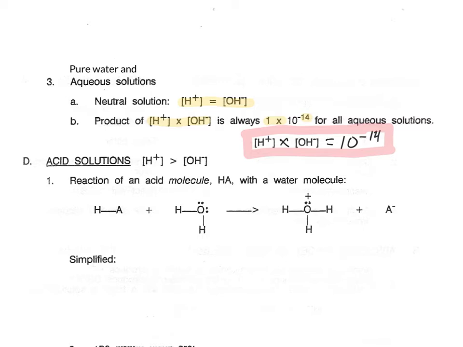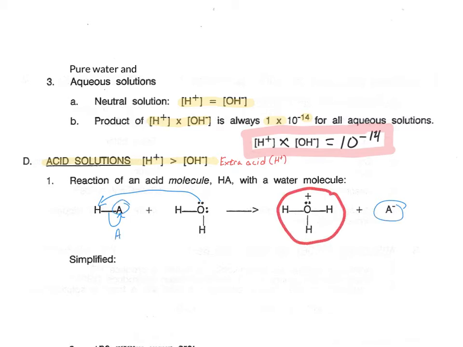We are going to look at aqueous acid solutions next. That is when there is more hydrogen ion than hydroxide ion. We've added extra H+. When the acid reacts with the water, the water steals the hydrogen atom and leaves behind the anion. At the same time, it forms a hydronium ion.